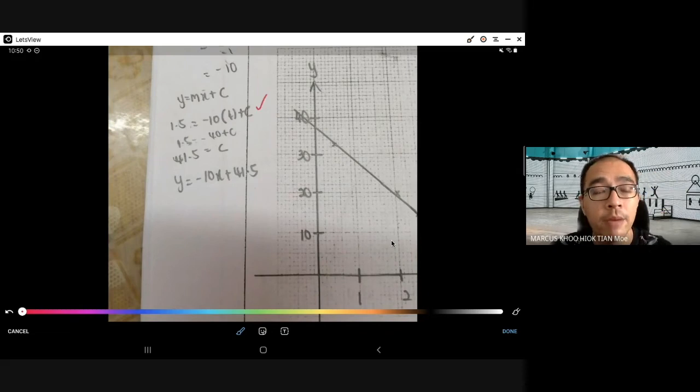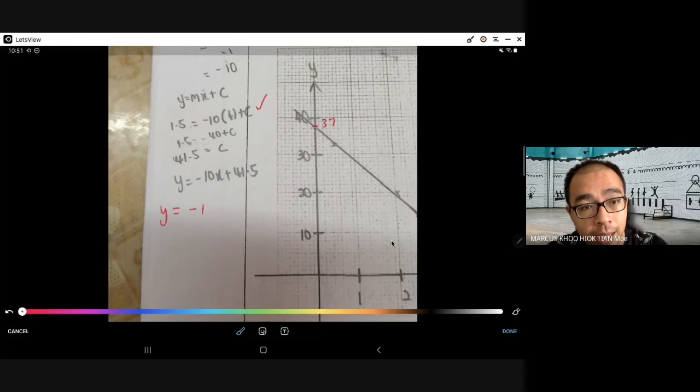But in this case, cannot. We have to use the intercept that is in the graph. So how much is this intercept? 31, 32, 33, 34, 35, 36, 37. Okay, so your answer should be y equals negative 10x plus 37. This is from calculation.